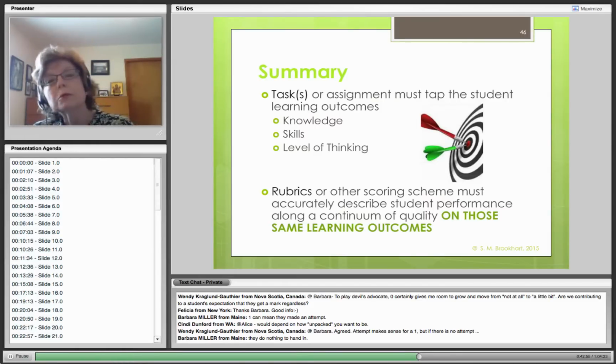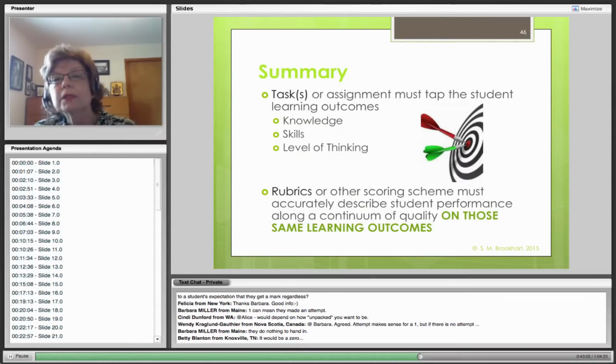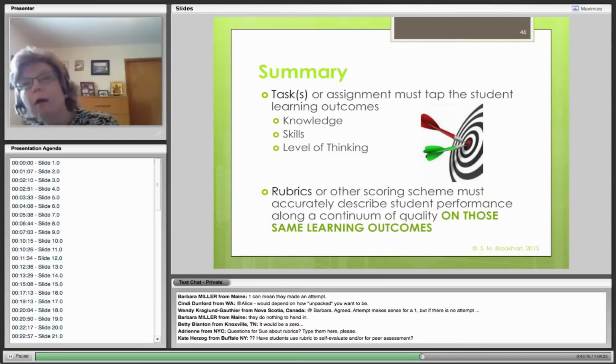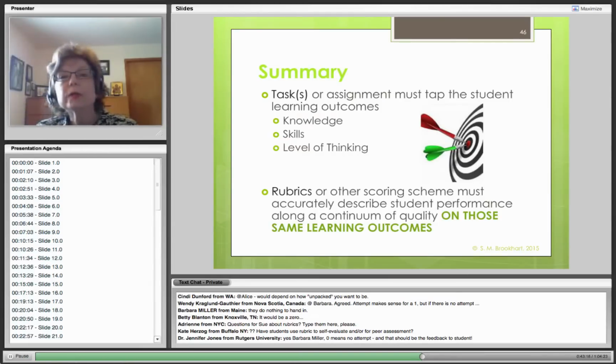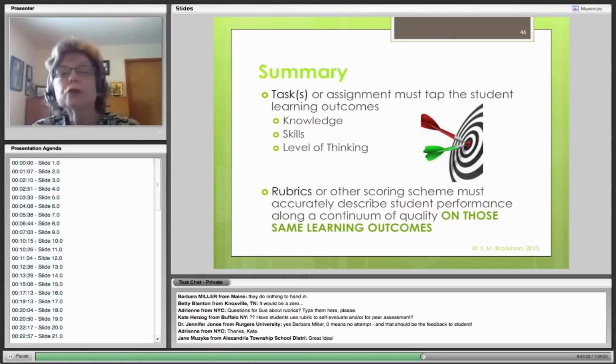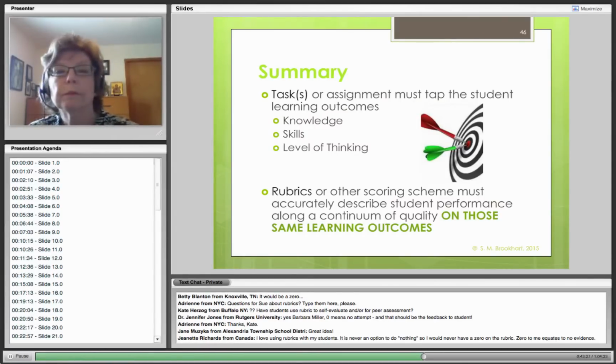And that is, you use the rubrics during your instruction as well as to grade, so that students get used to looking at examples of work and they can say, okay, this is a good example of a well-written paragraph because, and this paragraph is not well-written because. And then by the time you use the rubrics for grading, the students have a good understanding of what those performance level descriptions mean.